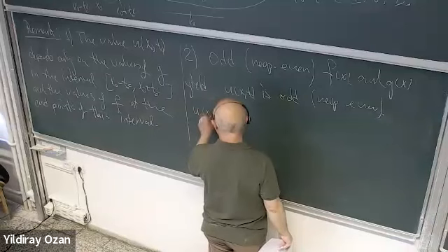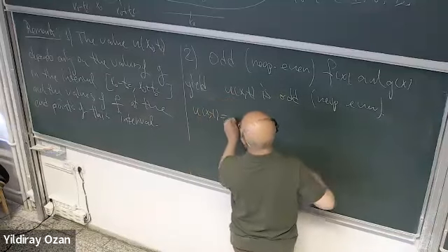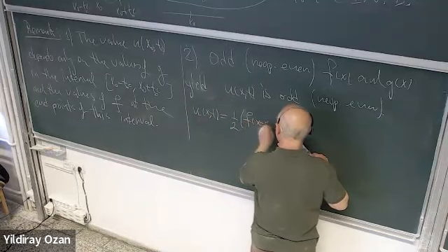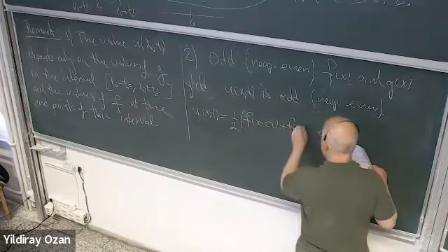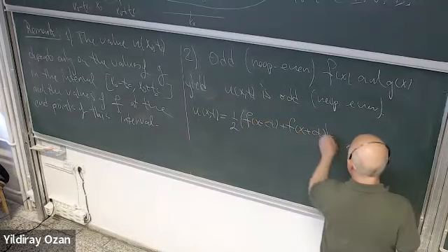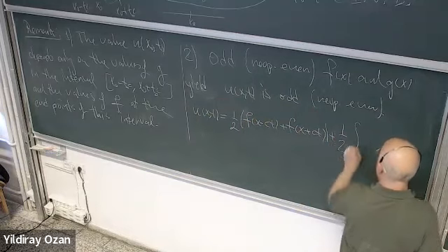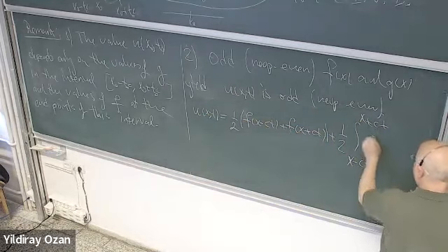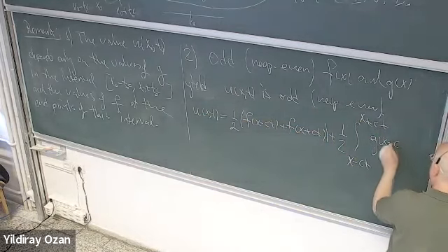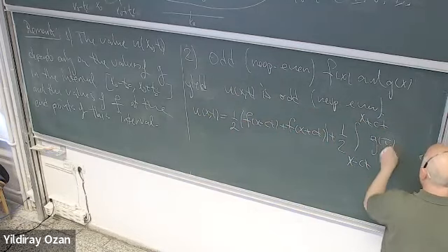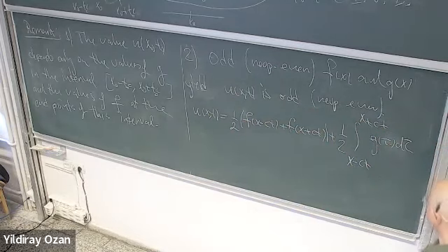Okay, u(x,t) is just 1/2 times f(x minus ct) plus f(x plus ct) plus 1/2 integral from x minus ct to x plus ct of g(tau) d tau. Okay.